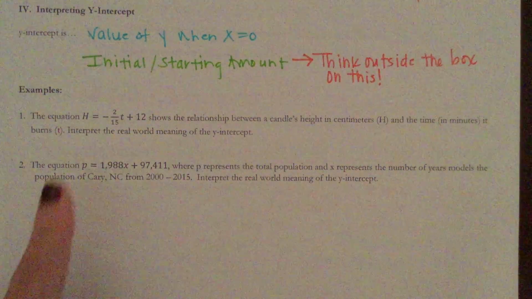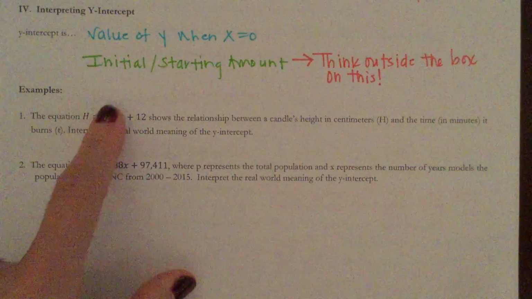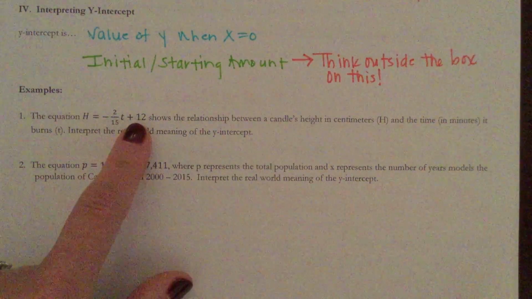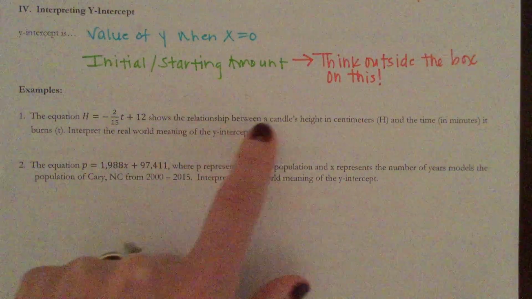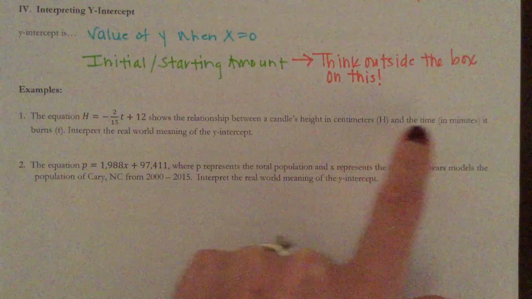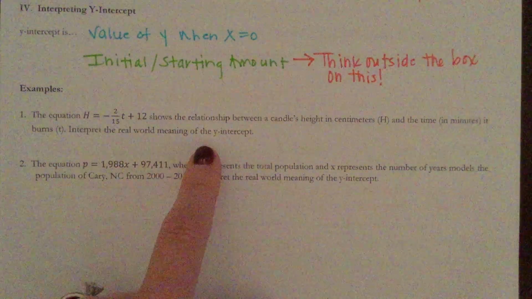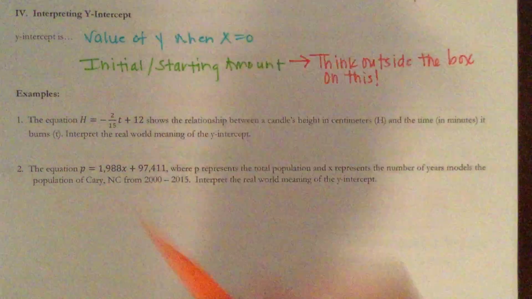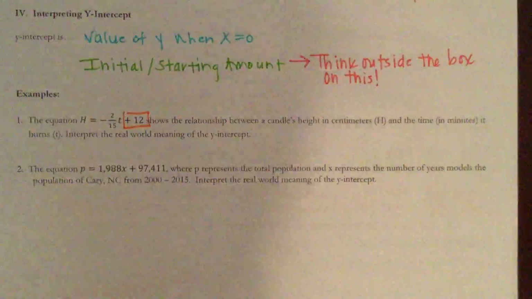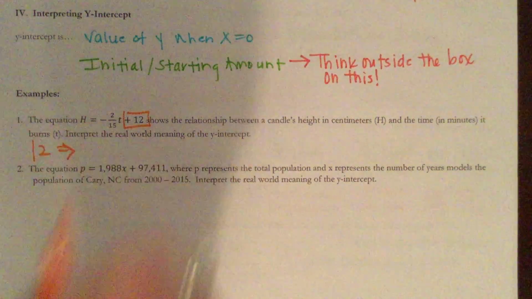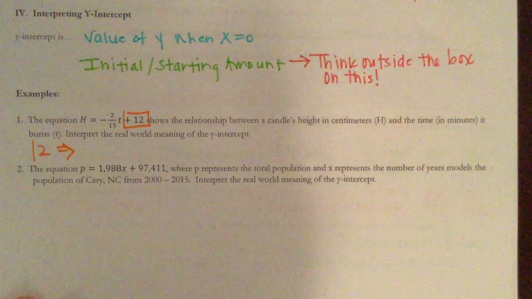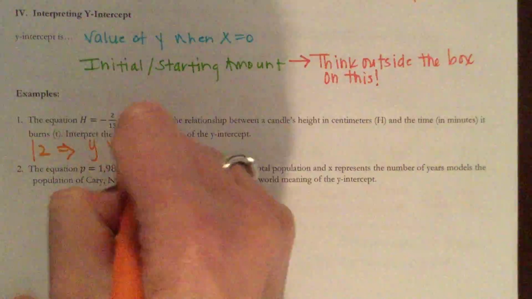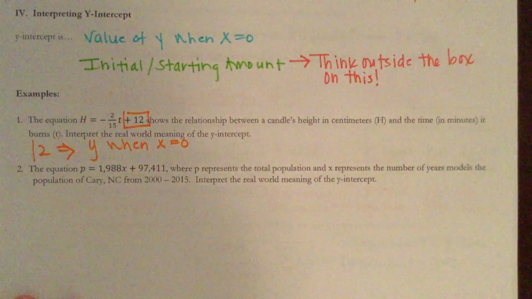The first one, back to that candle. The height is equal to negative 2 over 15t plus 12 shows the relationship between the candle's height in centimeters and the time it burns. Interpret the real-world meaning of the Y-intercept. In this case, my Y-intercept is 12. If you'll recall, that is y when x is 0.